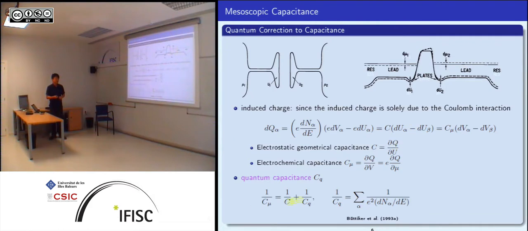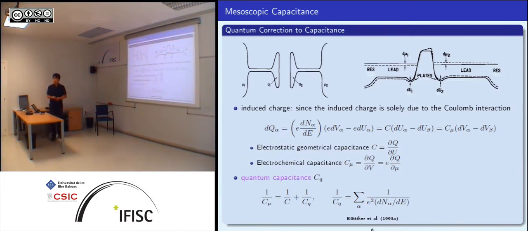Usually they are related to each other, and the electrochemical capacitance is given by a parallel sum of the electrostatic capacitance and a new one, called the quantum capacitance, which is proportional to the density of states of this system.